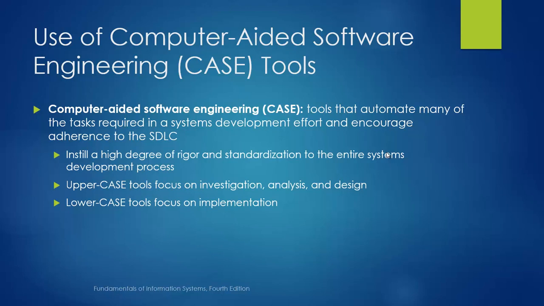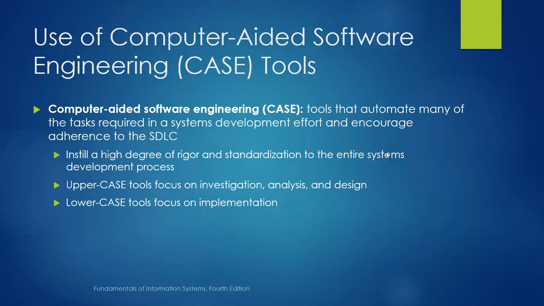So it can be used by some of the methodologies mentioned before. It adds a high degree of rigor and standardization to the entire system development process. It's used as a tool under RAD, the Rapid Application Development, to improve the speed and quality of the system development.